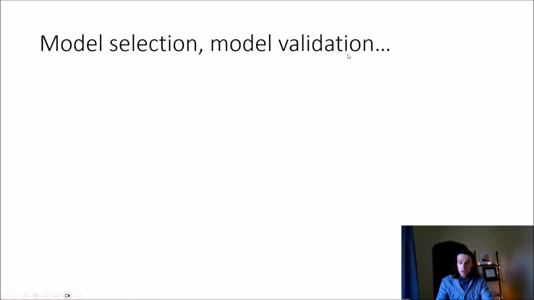Same thing with model validation. How do you think of what model fit is when you have multiple data sets? Do you compute model fit relative to one data set or the other or both? So I think there's a lot of opportunities for growth here.